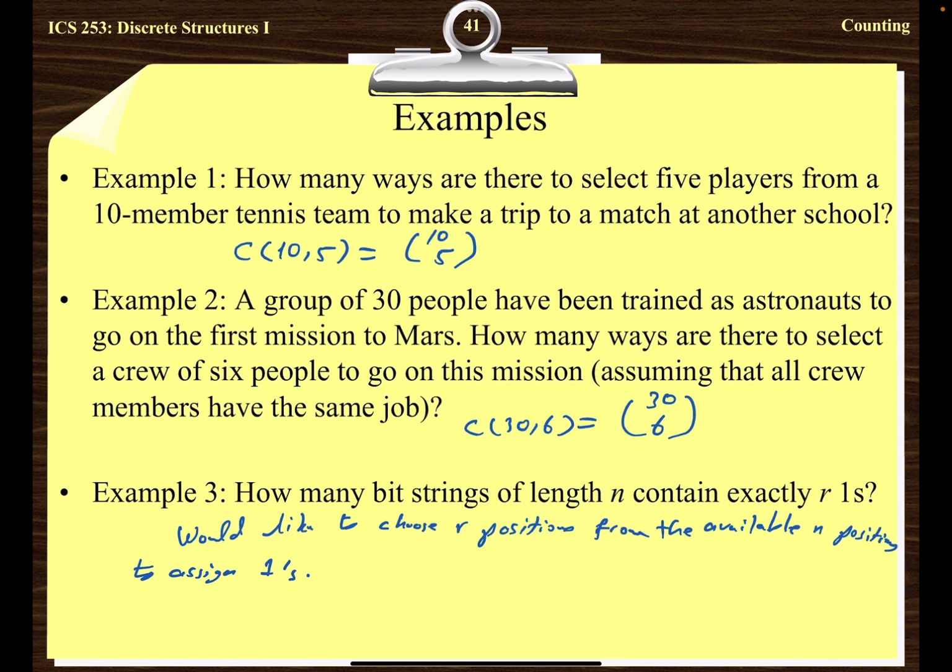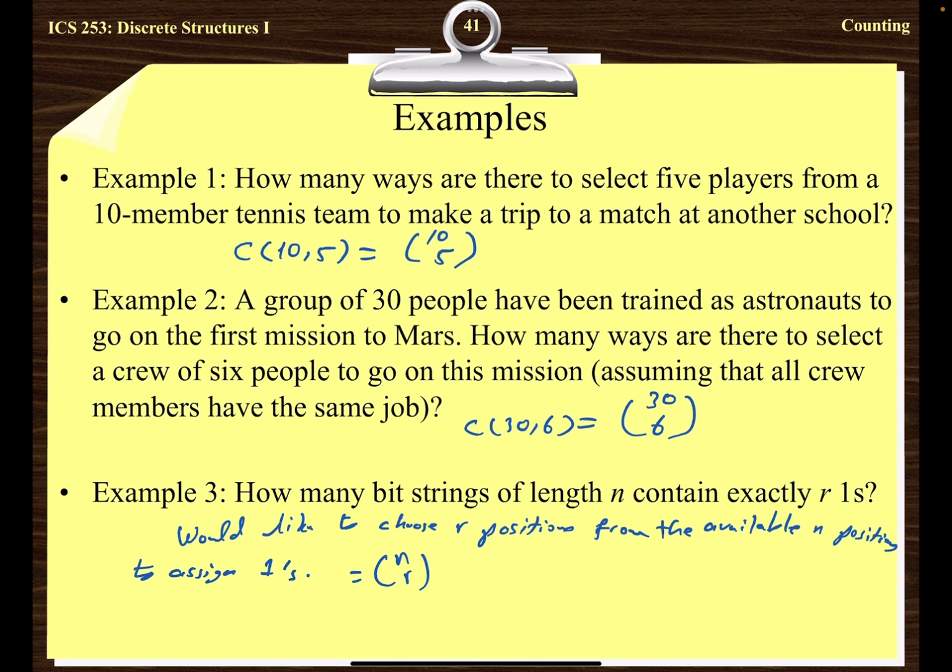It doesn't matter, right? In order of which one is coming before that one, it's exactly the same as choosing r positions from the available n positions. Okay, that's why it is equal to n choose r. So this is equal to n choose r.